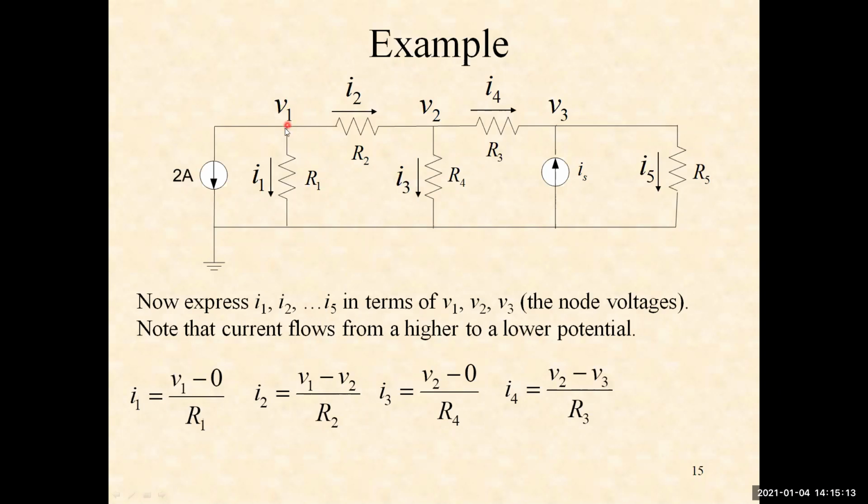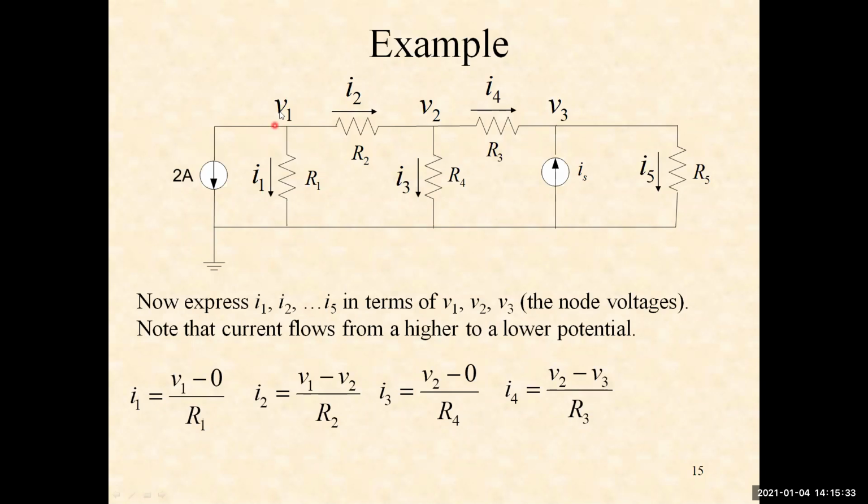What is the voltage here across the V1? V1 by R1, this is called I1. V1 by R1, V1 minus V2 by R2, and plus 2 is equal to 0. This is the equation across this node V1. Across this node, what is the equation?